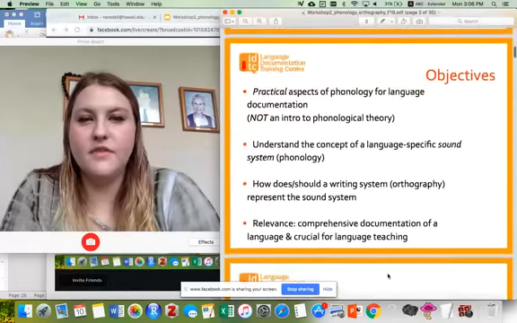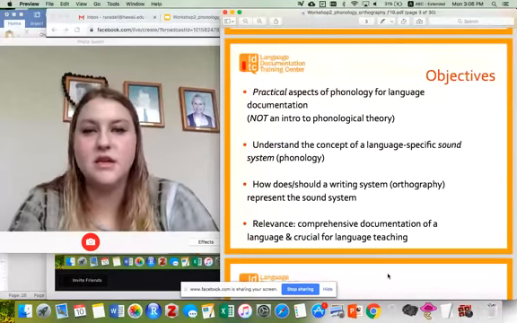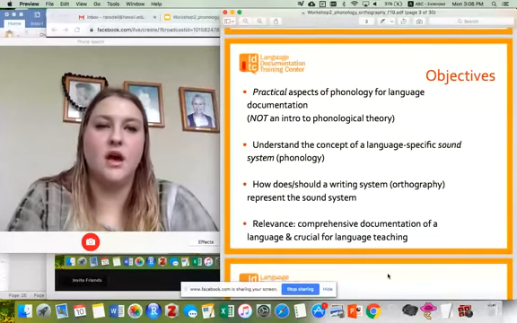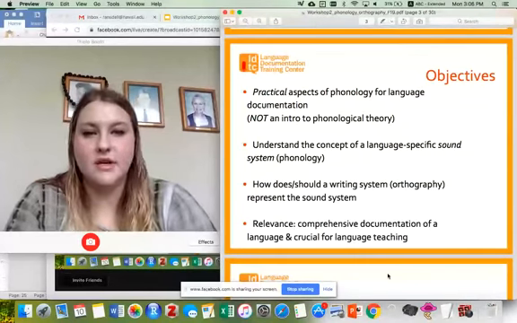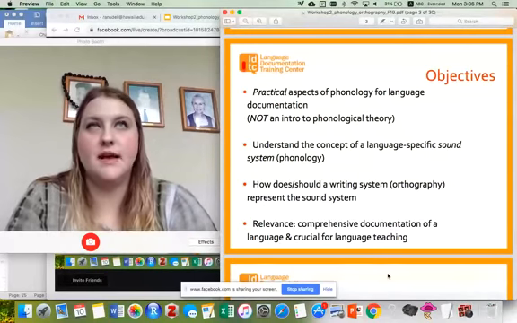So for the objectives of this, this is not going to be getting into any phonological theory. This is just for the purposes of working on describing the language. One of the other goals here is to understand the concept of a language-specific sound system.